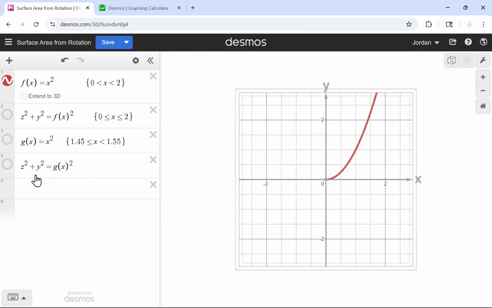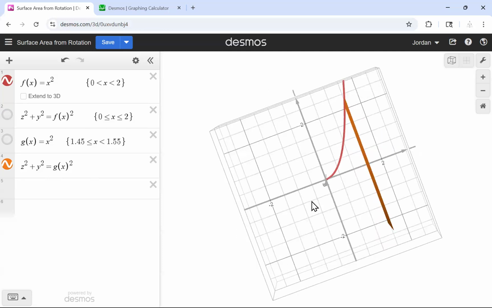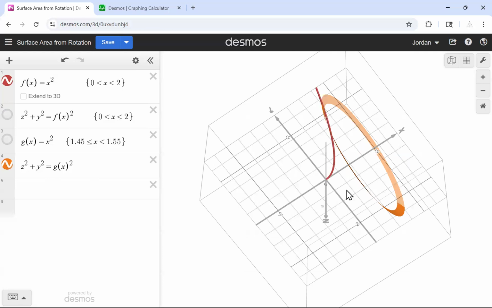I'm basically going to get the arc length piece and then rotating it around a big circle of some radius.